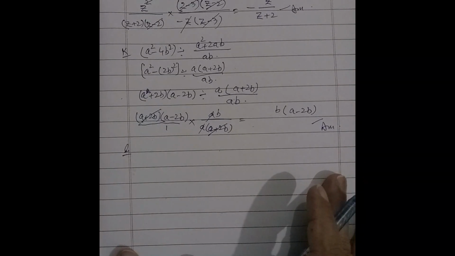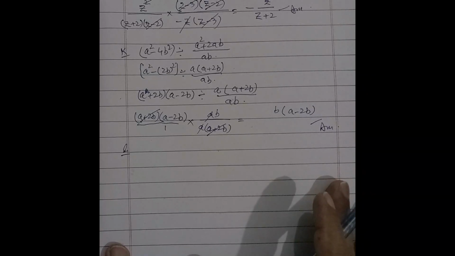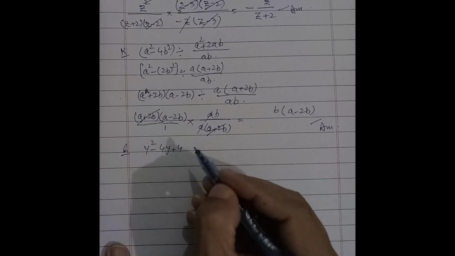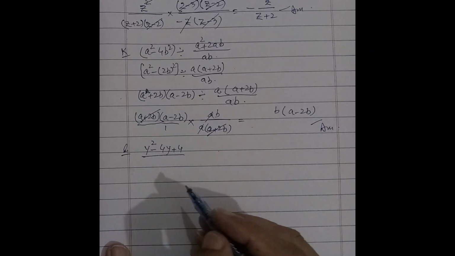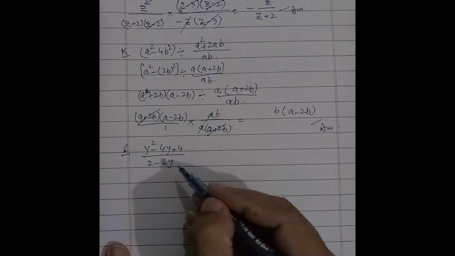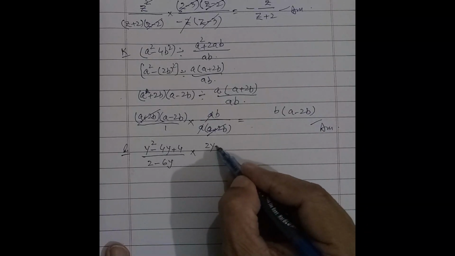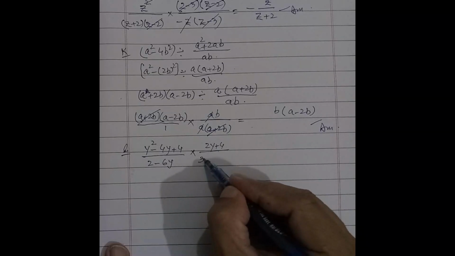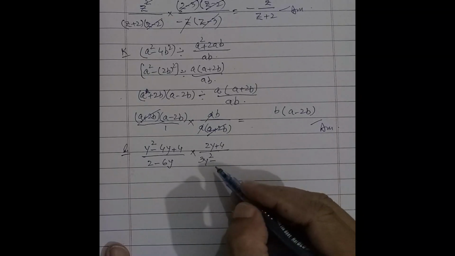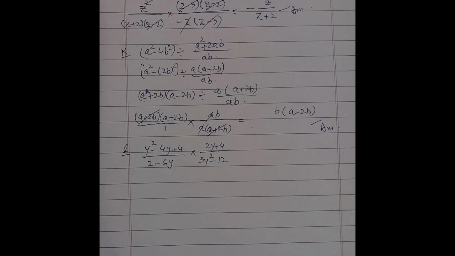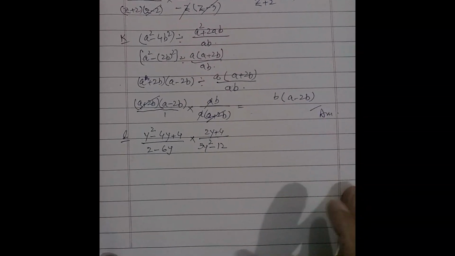in which y square minus 4y plus 4 over 2 minus 6y multiply by 2y plus 4 over 3y square minus 12. So first we factorize the values.